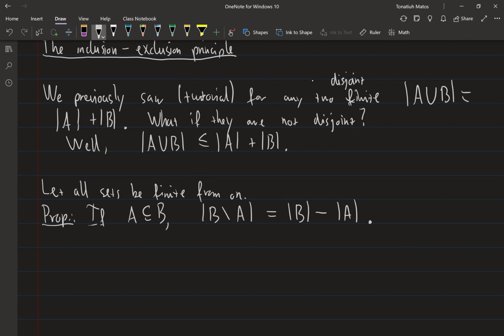Let's prove this. So why don't you take a minute to prove this using maybe something that's already written on the board.